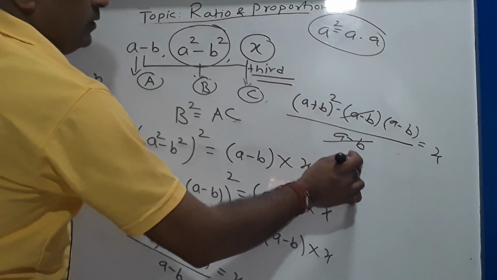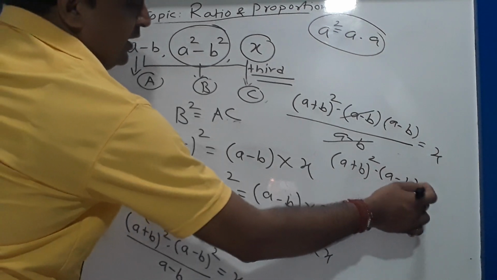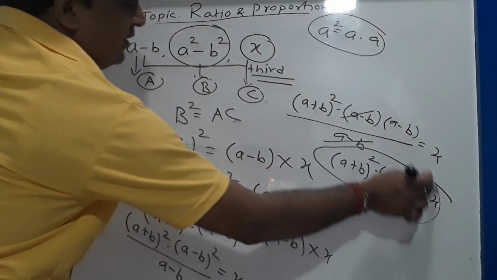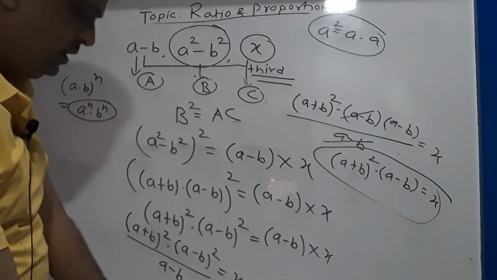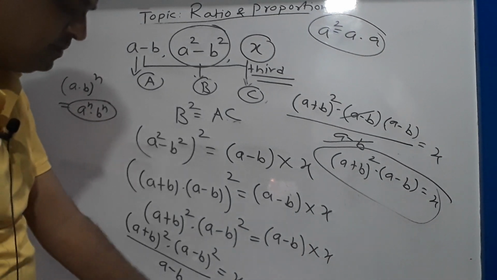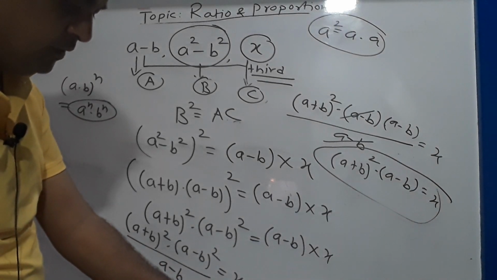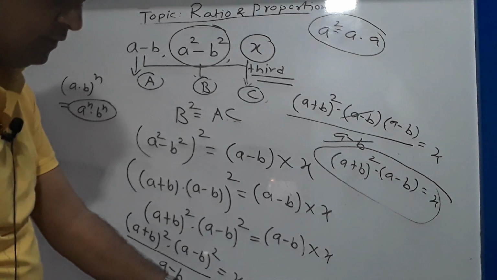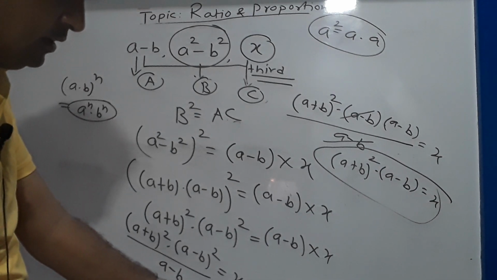So (A plus B) whole square into (A minus B) is equal to x. And this is the value of x, the third proportion: (A plus B) whole square into (A minus B). Okay. Follow? So this is how to find the third proportion.